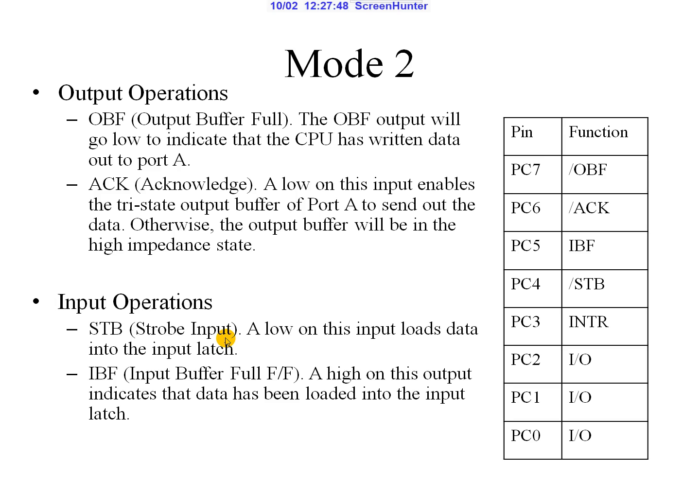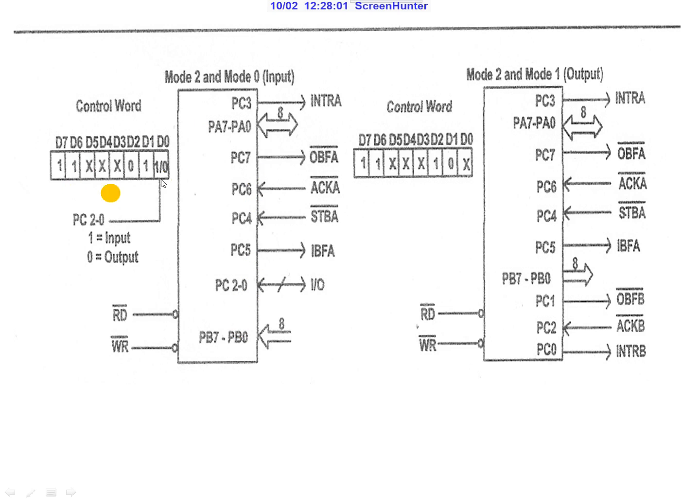So by checking this control pin, we can know that the buffer is full, and the operation has to be halted for some time to evacuate the buffer. So this mode 2 is programmed here.